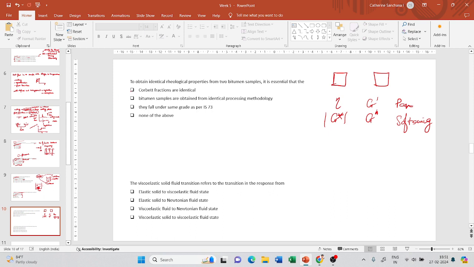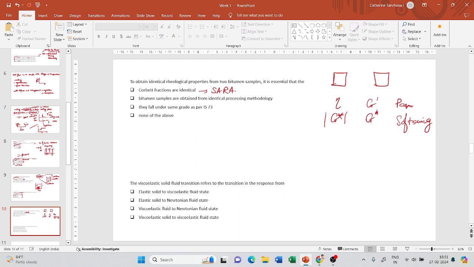So what are the Corbett fractions? We know that SARA fractions are the Corbett fractions. If both of these have identical Corbett fractions, do you expect them to have identical rheological properties?